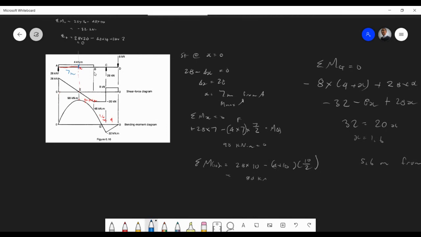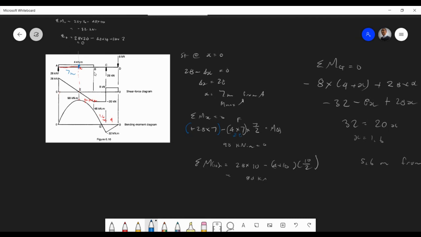So we need to find out the moments at that point. Don't we just say, like on the previous parts, 28 times 7? That's a clockwise moment. Are you happy? Okay. And then we say 4 times 7, which is the load part. That's 28.